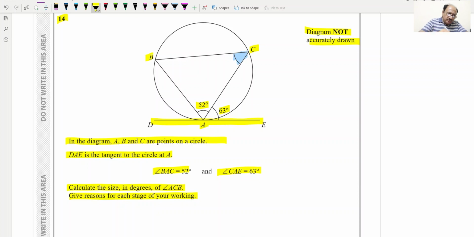So we can write angle ABC, which is this one, will be same as this one by alternate segment theorem. So we can write this one as 63.